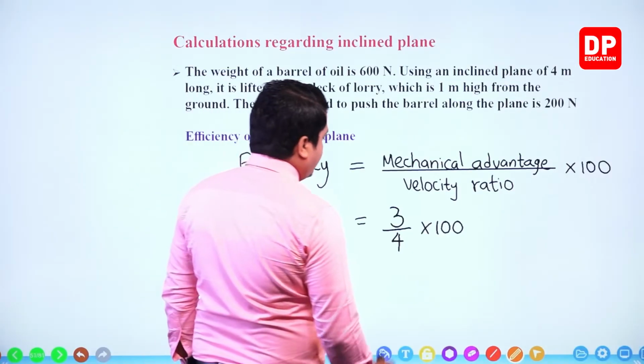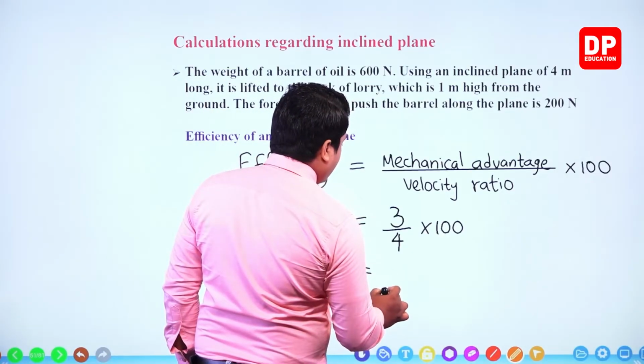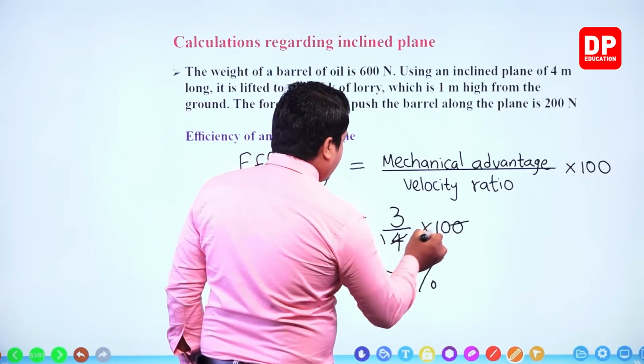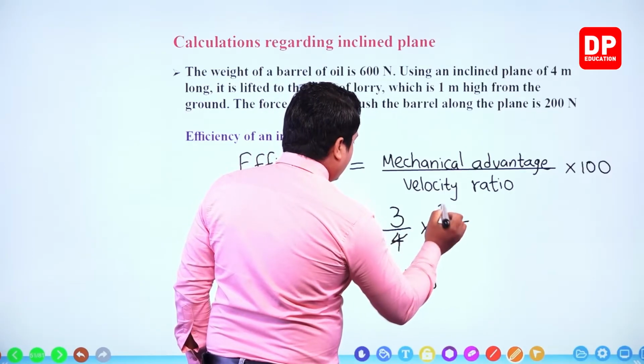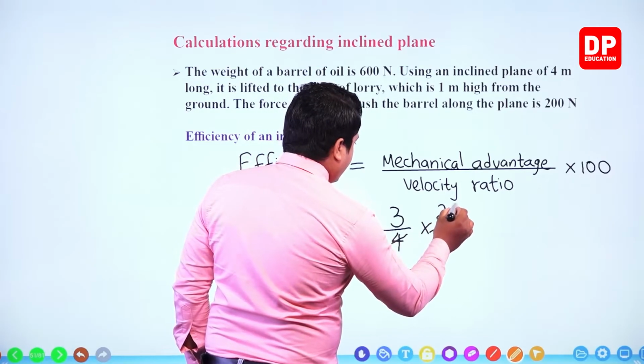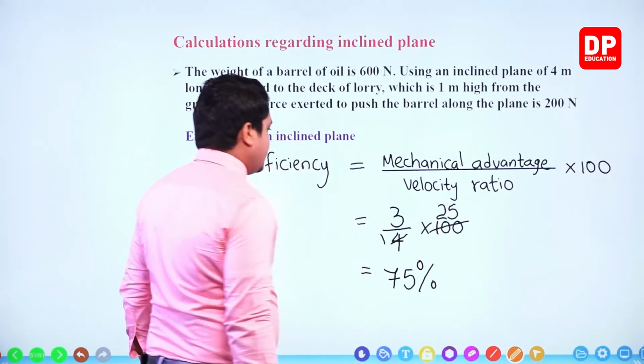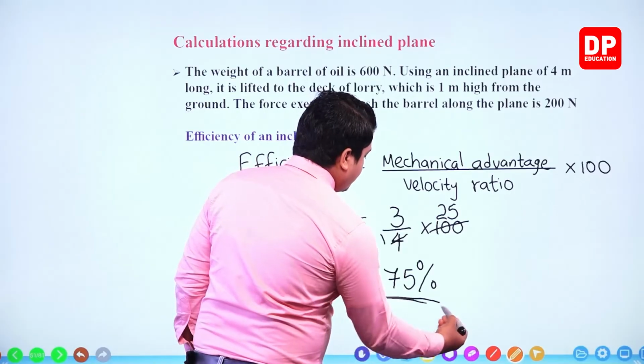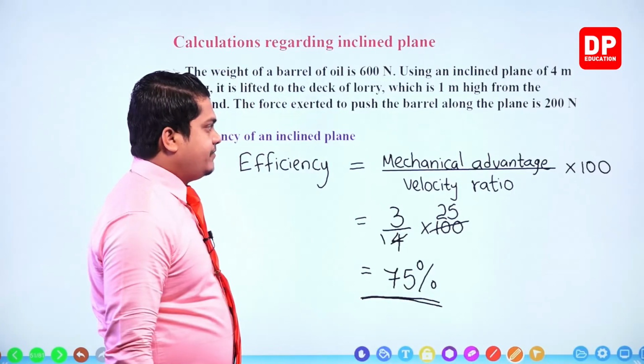So my dear children, you can get the answer as 75%. 4 times 25 is 100, and 25 times 3 is 75%.